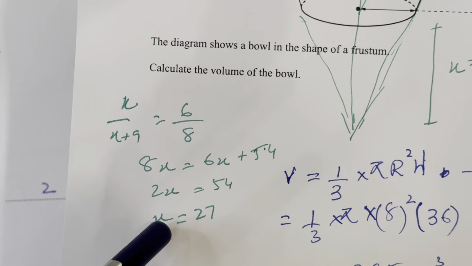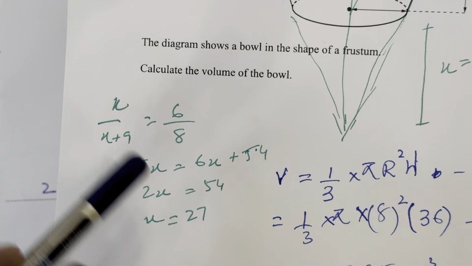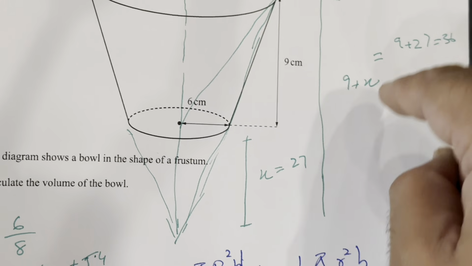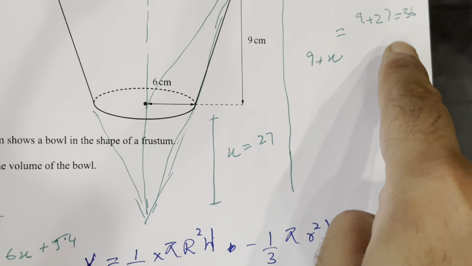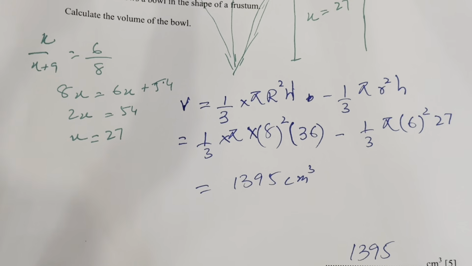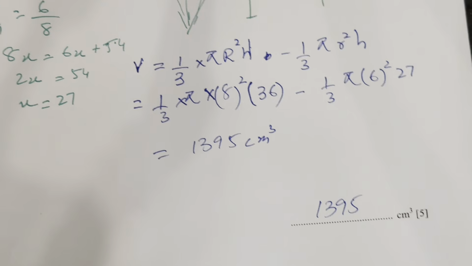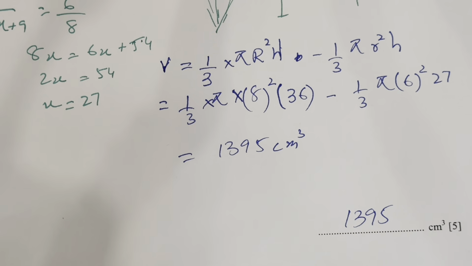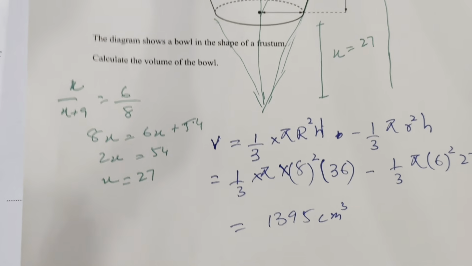Solving it, we get x is equal to 27. Then 9 plus x is the height of the bigger cone, that would be 36. After calculating, we applied the formula 1 over 3 pi r squared h for the bigger cone and subtracted the smaller one, and the answer is 1395 centimeters cubed.